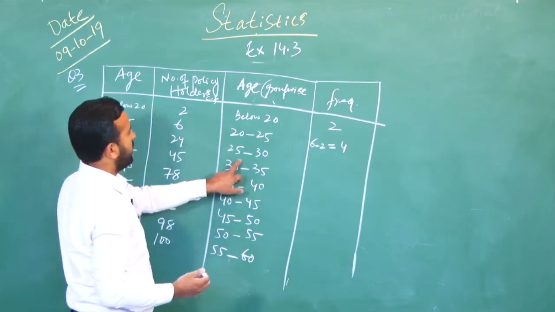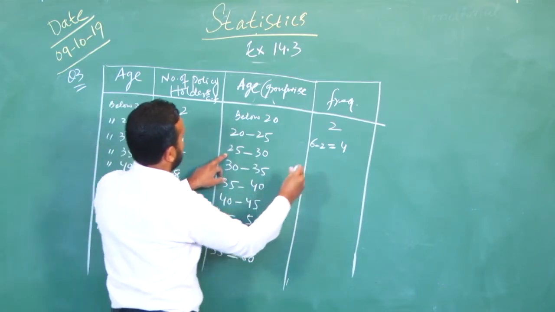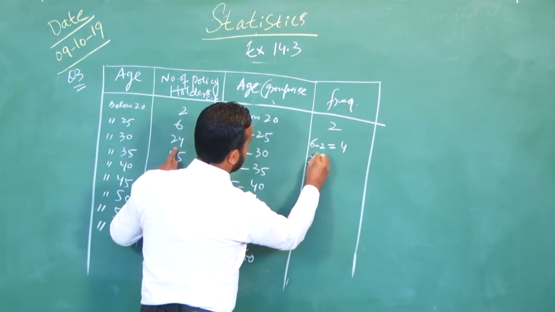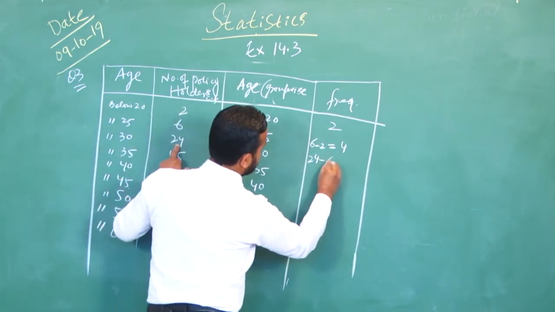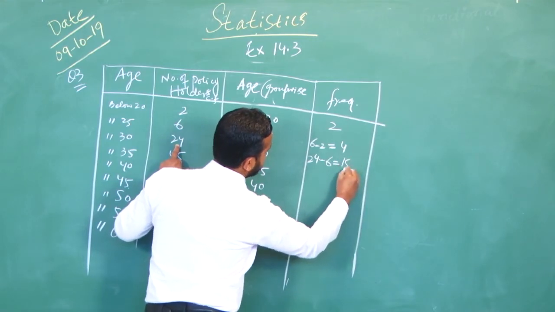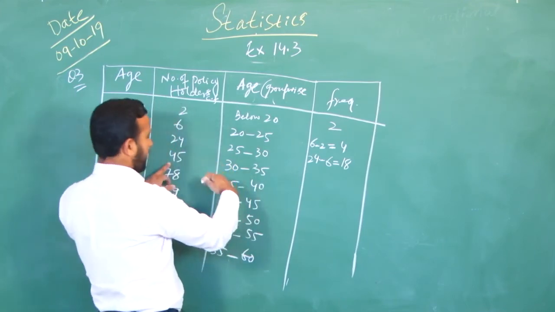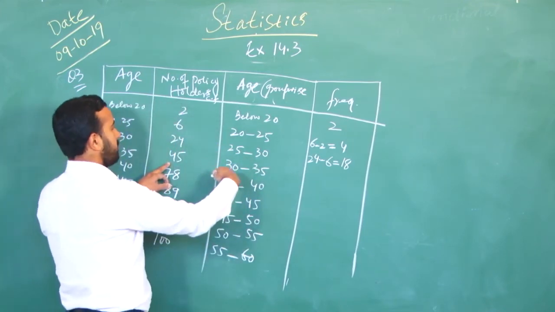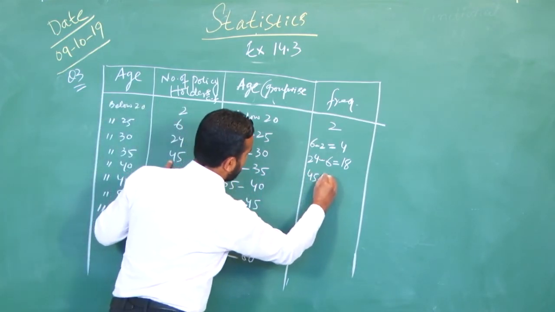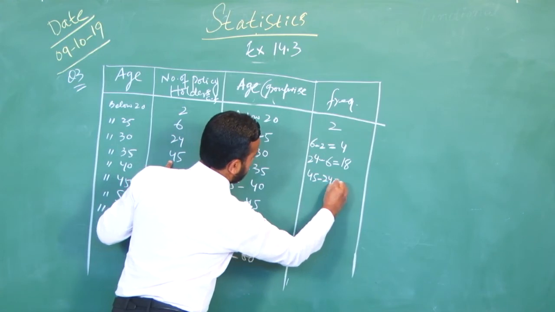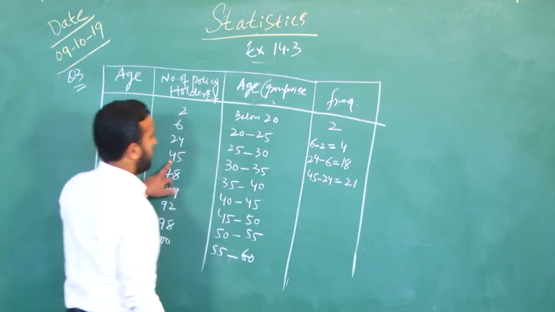Now we have 25 to 30, that is more than 25 but less than 30. So it will be 24 minus 6, that is 18. Similarly here, from 30 to 35, we are excluding the frequencies which are below 30, that is 45 minus 24, that will give us 21.